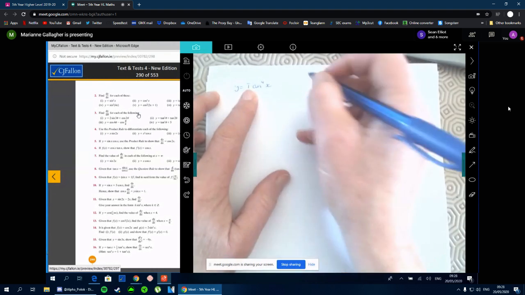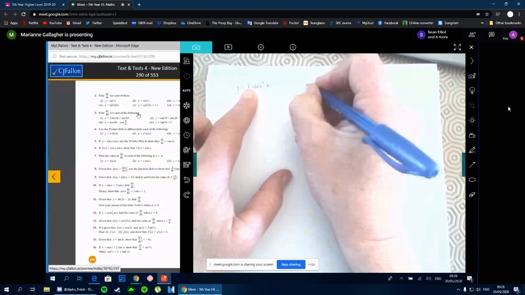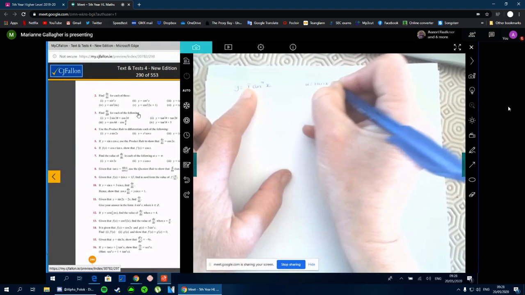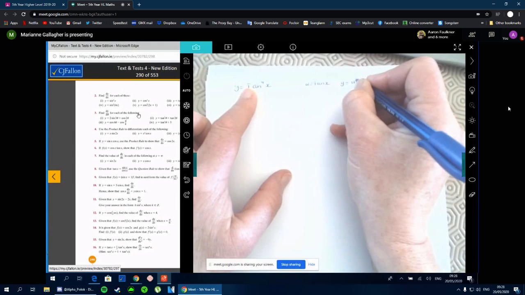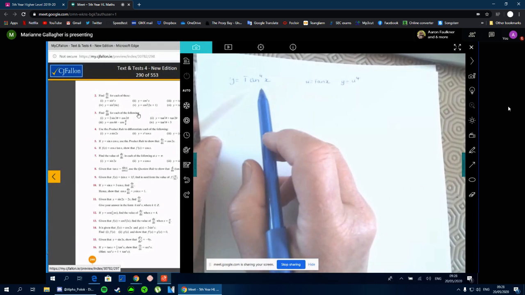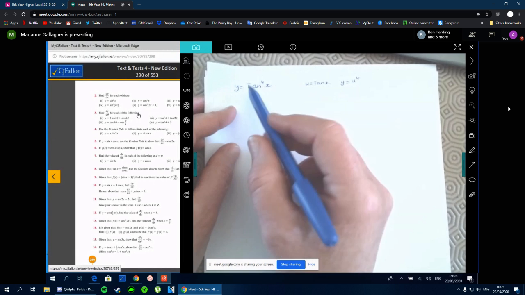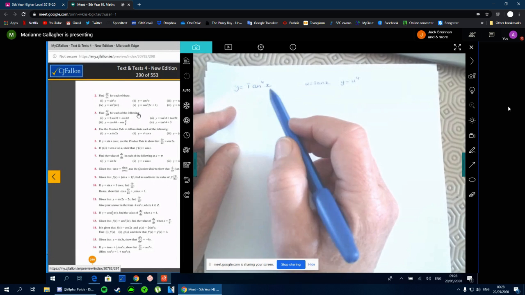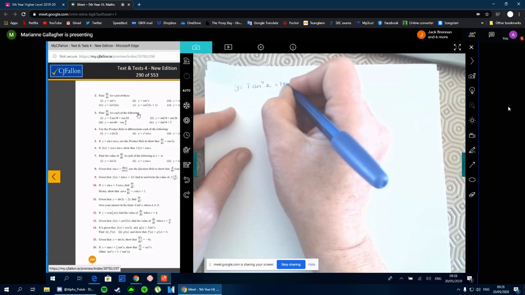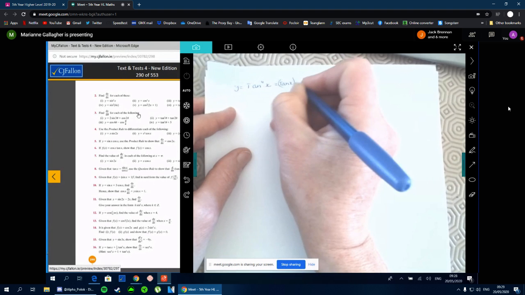With this one, if u is tan x, then y is u to the power of 4. When we write the power for trigonometric functions, we put it in front of the tan, and the whole thing is to the power of 4. It just avoids using the brackets. That's the same as tan x, the power of 4.